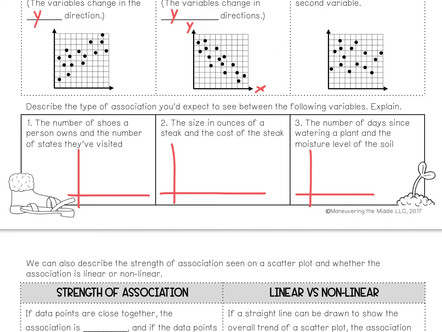Okay, what do you think about the number of shoes a person owns and the number of states they've visited? I'm going to argue that there is an association, because if you can travel to a lot of states, you might have more money, and more money may mean you have more shoes.